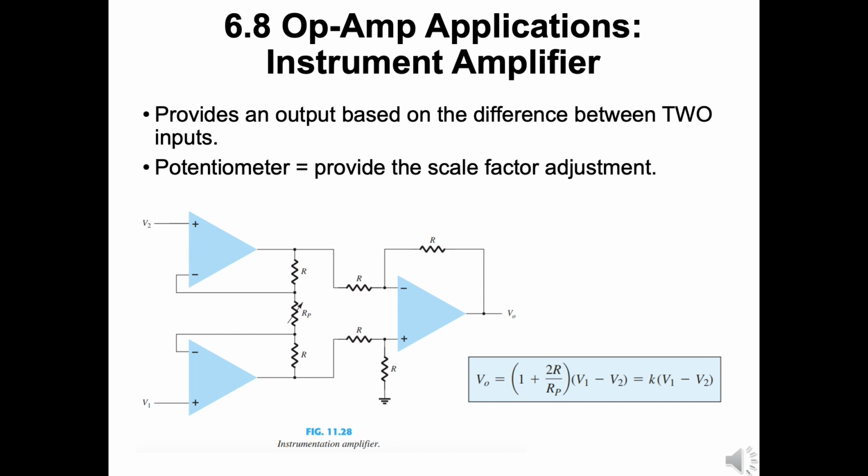A potentiometer is provided to permit adjusting the scale factor of the circuit. Whereas three op-amps are used, a single quad op-amp IC is all that is necessary, other than the resistor components. The output voltage can be shown to be this equation below.